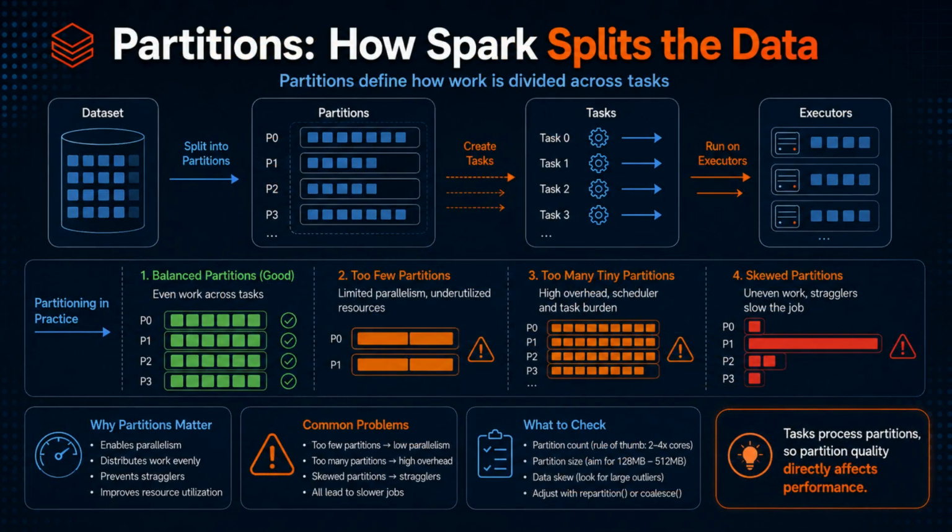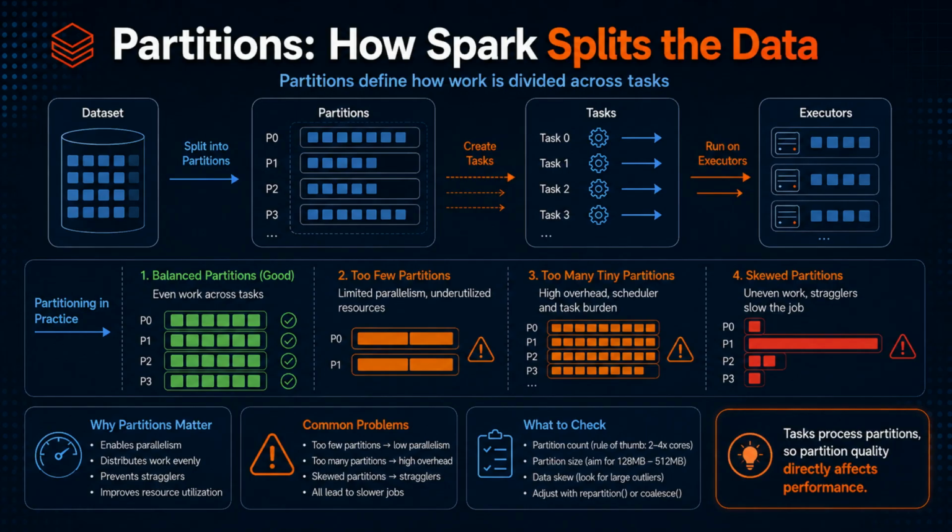Partitions define how Spark splits the data for parallel processing. Think of a dataset as a large collection of records. Spark divides that dataset into partitions, and each partition can be processed by a task. This is powerful because many tasks can run at the same time across executors. But partition quality matters a lot. If partitions are balanced, work is distributed evenly and the cluster is used efficiently.